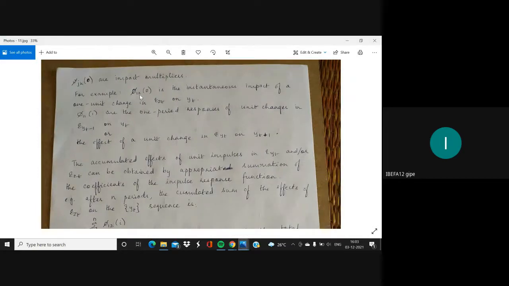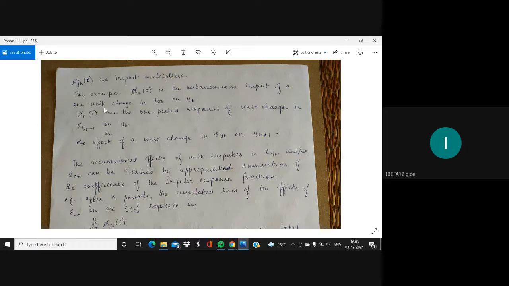Phi 12(0) is the instantaneous impact of a 1 unit change in epsilon zt on yt itself. The shock is in terms of a 1 unit change. Usually when you're estimating VAR models, you'll be looking at either a 1 unit change in the structural error term or a 1 standard deviation change in the structural error term.